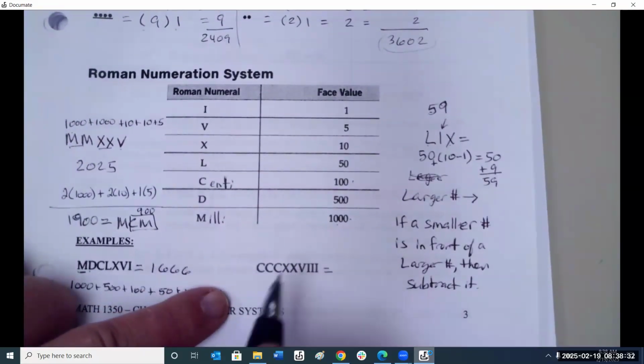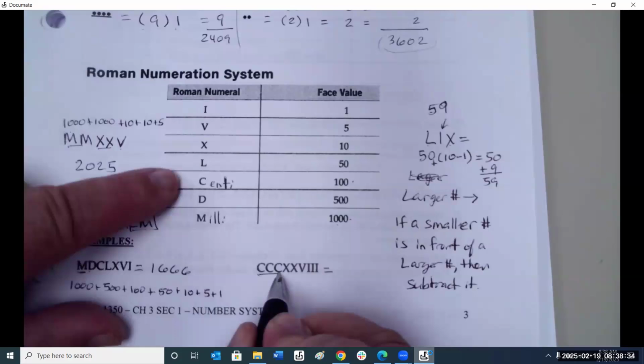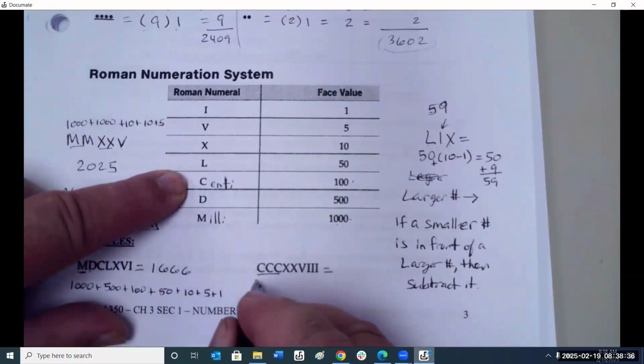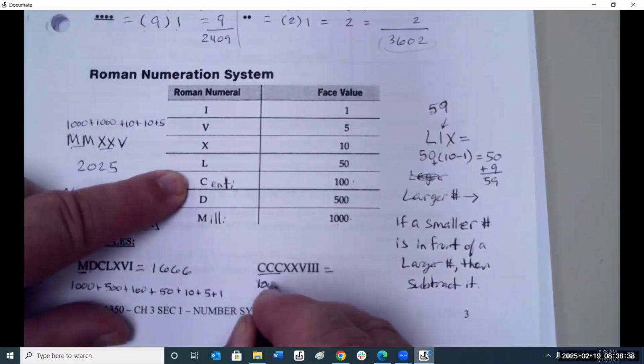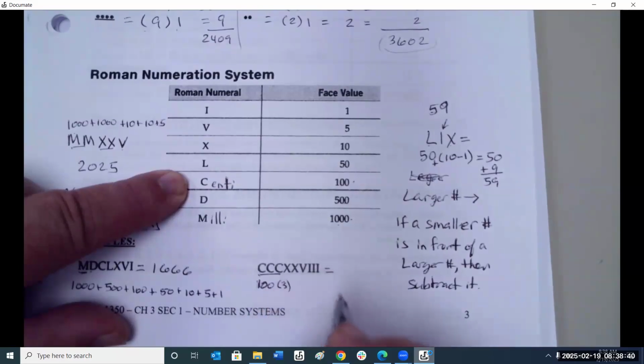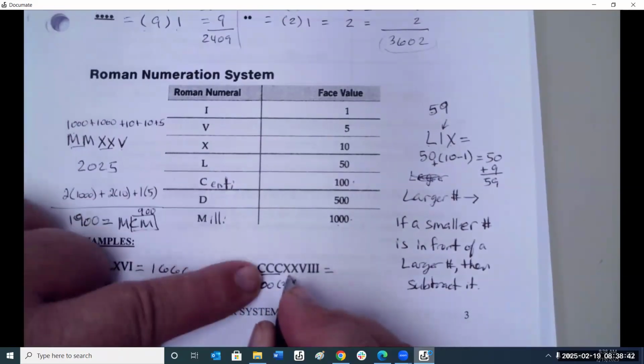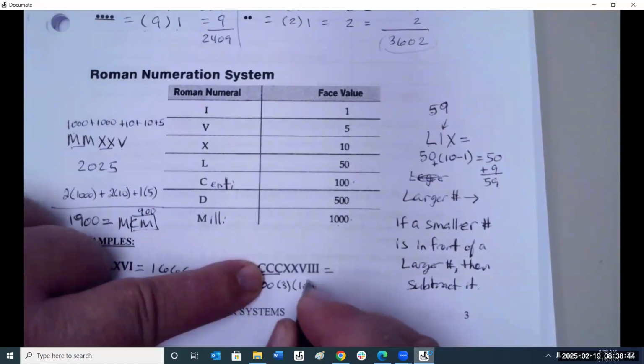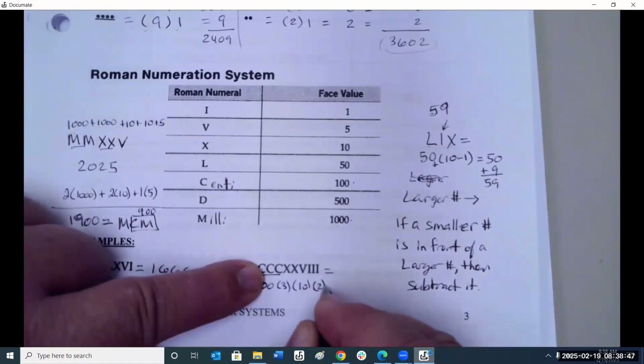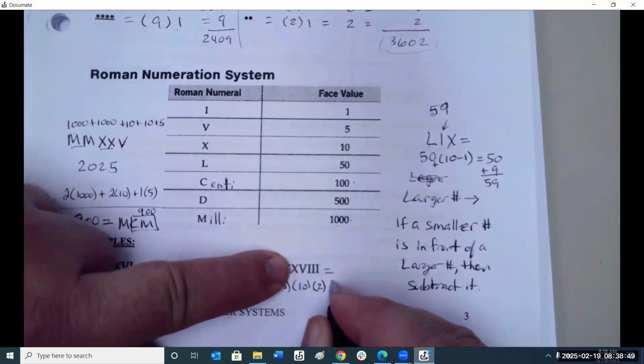Now the next number, we have three C's, which are 100 times 3. Then we have 10 happens twice. Then we have a 5.